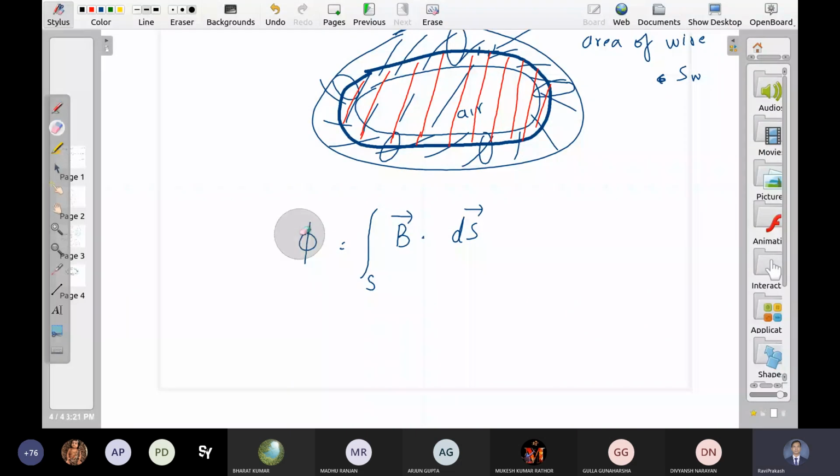And complete flux, let me write, phi is equal to. This is due to one thin wire, right?